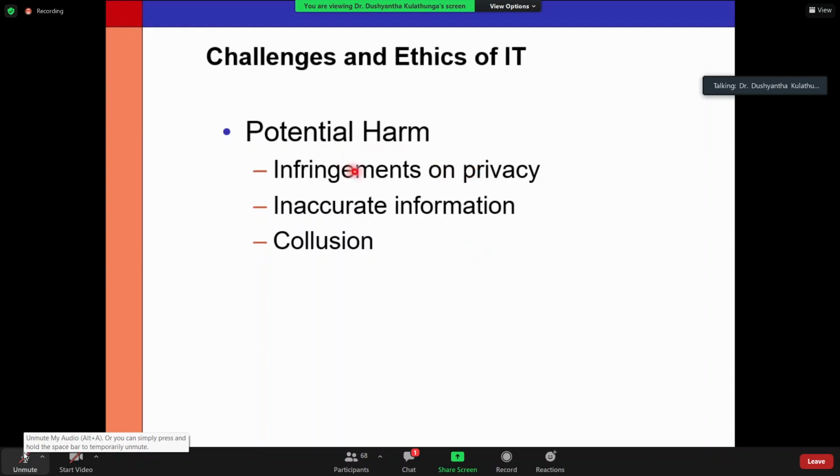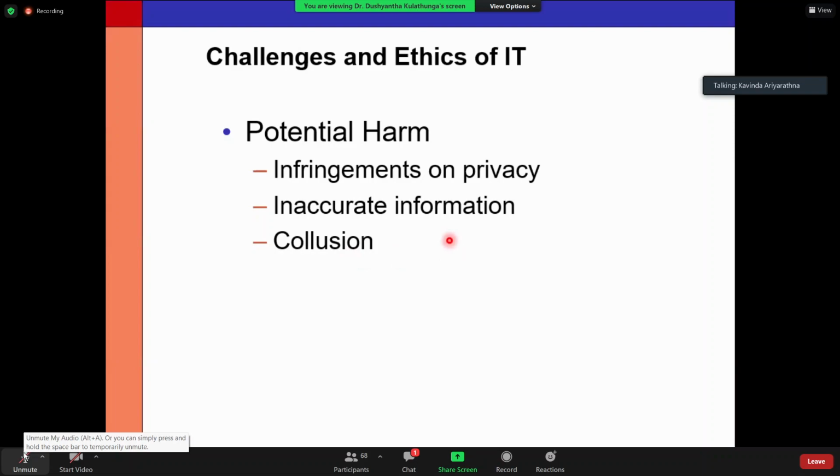And I think you may also have become a victim of those things. And again, if it is inaccurate information, you may have some experience. Collusion, you may have experience. Can you come up with some examples for one of these three? Infringement on privacy, inaccurate information stored in your organization, or collusion?